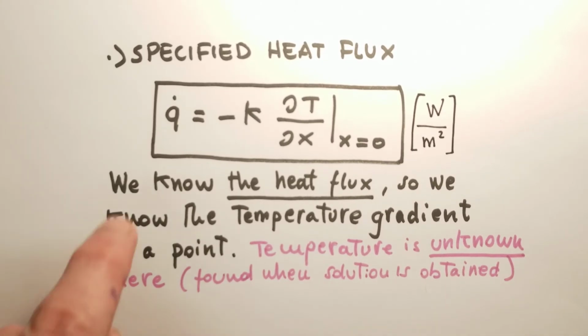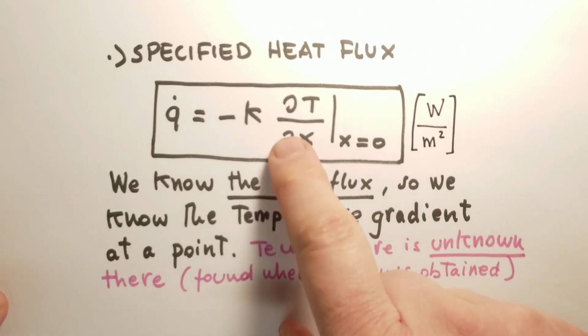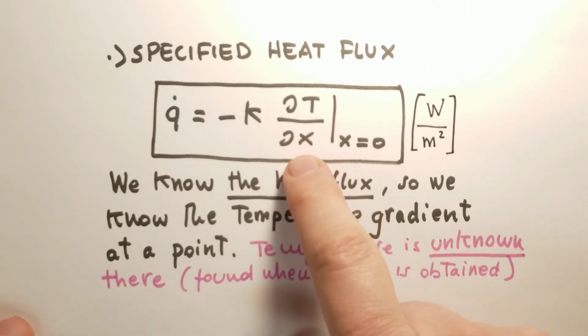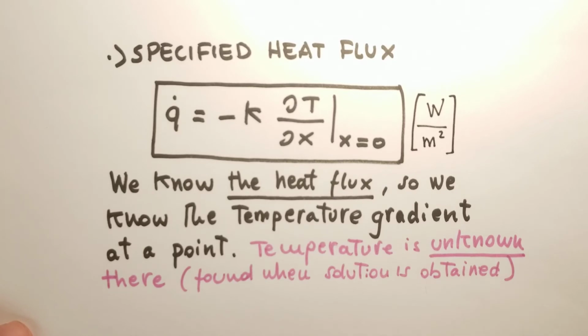In this case, we have q dot, that's known, equal to minus k partial T partial x at a certain location, x equals 0, for example. So we know the temperature gradient at that point because k is known. It's important to note that in this case, we don't know the temperature at that location, but it doesn't matter. We can still solve the problem and find the temperature at that point x equals 0 afterwards, once the solution has been found.